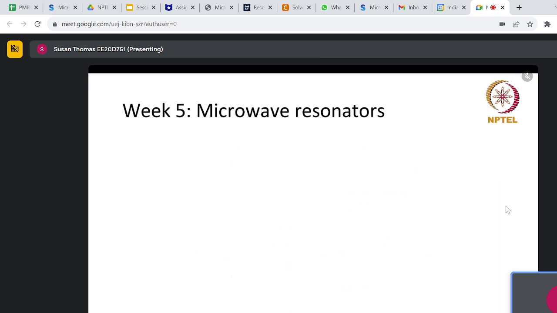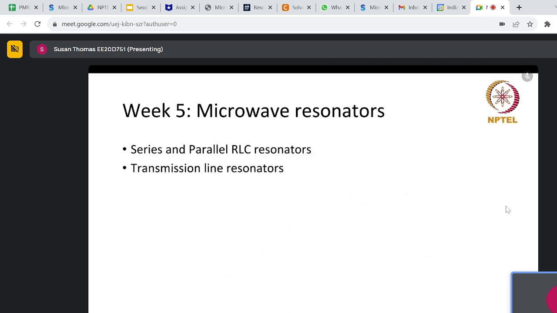So, the content of coverage in this particular topic, as we see in the video lectures, is as follows: the series and parallel RLC resonators, then the transmission line resonators, then waveguide resonators.